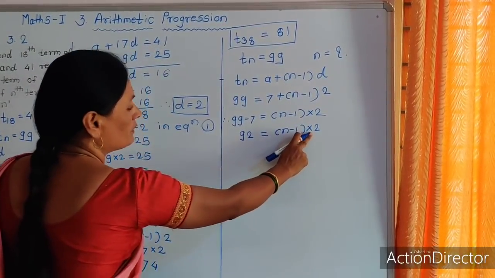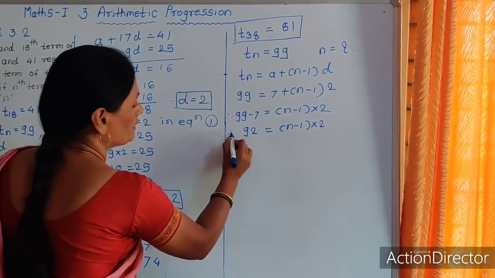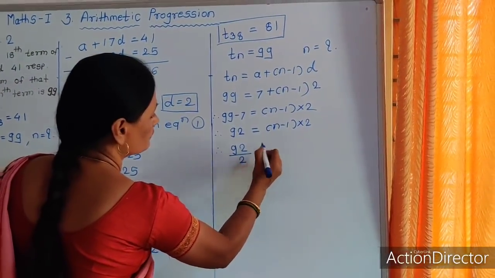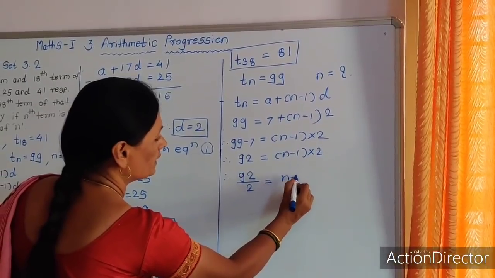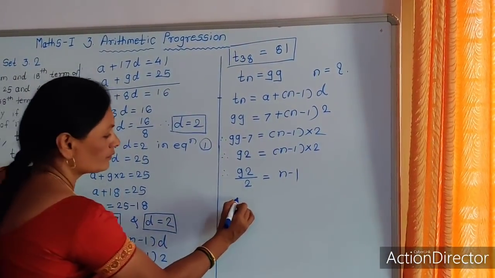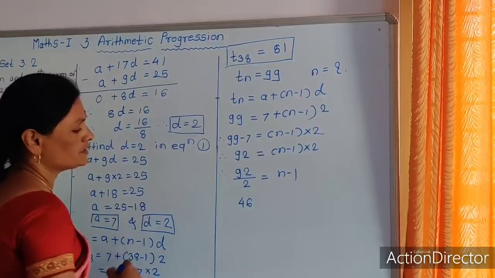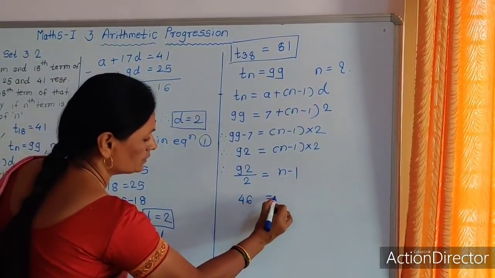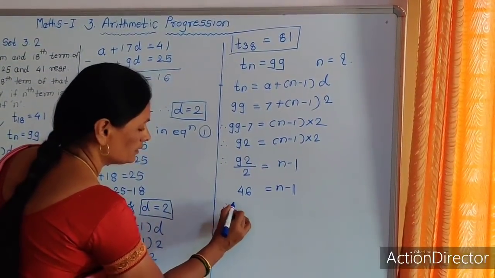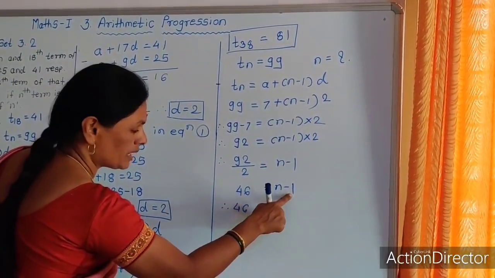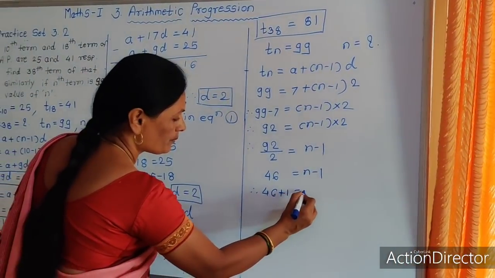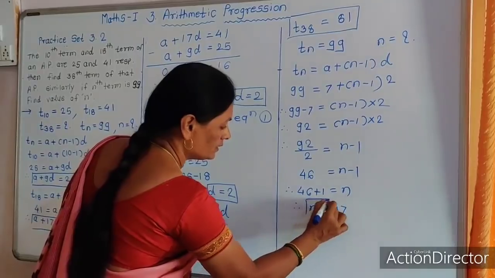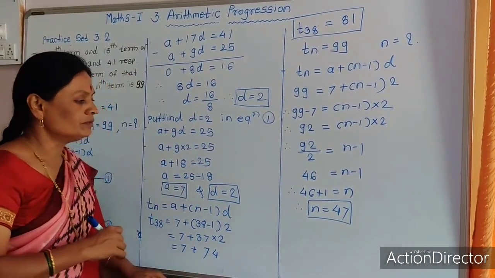Here 2 is multiplied, therefore here becomes divide. 92 divided by 2 is equal to n minus 1. 46 into 2 is equal to 92. Therefore 46 is equal to n minus 1. Therefore 46, this minus 1 becomes plus 1. Therefore n is equal to 47. n is equal to 47.